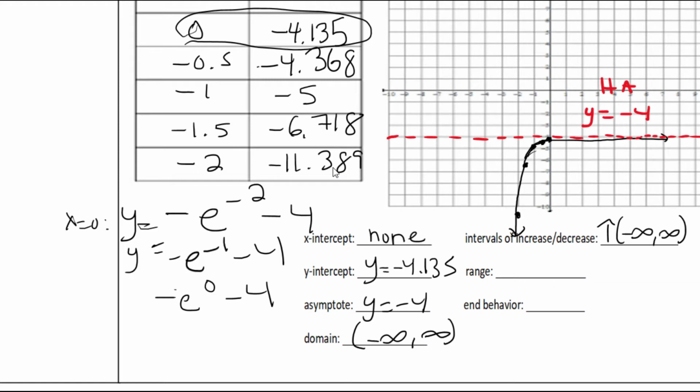That's the maximum that you can be. You can't even be negative 4. So the highest that you can be is just before negative 4. So you have to be below negative 4, according to the graph, right? The graph is below negative 4. So we're going to go from negative infinity, because the graph goes from left to right. The graph starts out at negative infinity and then goes up to negative 4.